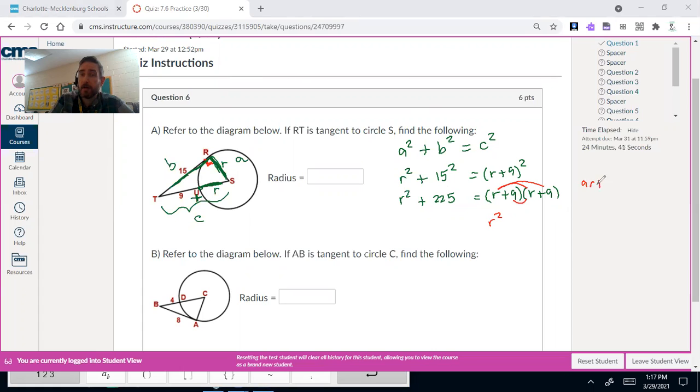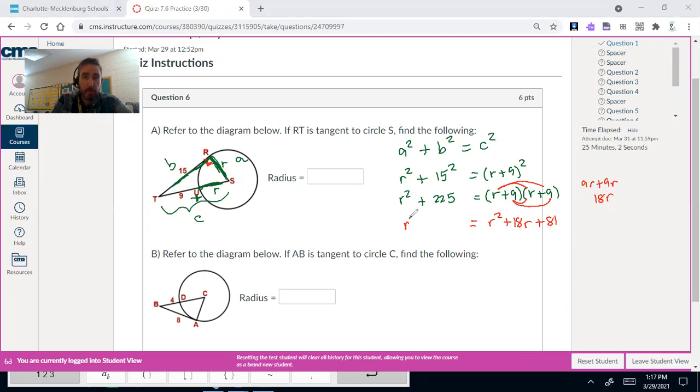And 9R plus 9R is equal to 18R. So R squared plus 18R. And then we have 9 times 9. 9 times 9 is 81. So that multiplies to R squared plus 18R plus 81. That's double the 9 and the 9 squared. So you should recognize that from completing the square.